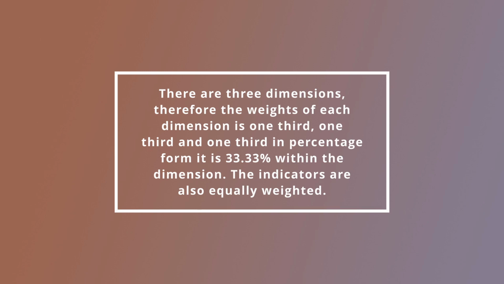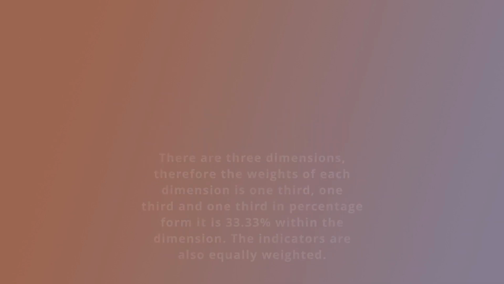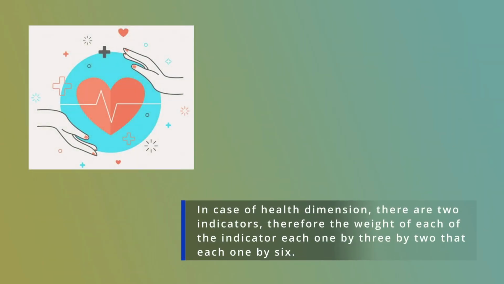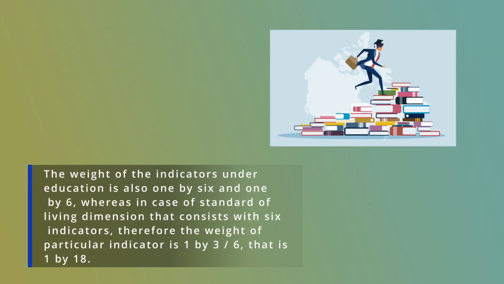Within the dimension, the indicators are also equally weighted. In case of the health dimension, there are two indicators, therefore the weight of each indicator is 1/3 divided by 2, that is 1/6. Similarly, the weight of the indicators under education is also 1/6 and 1/6.